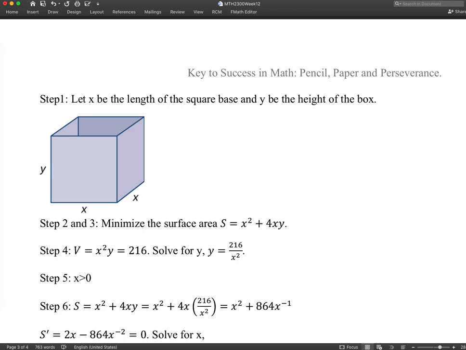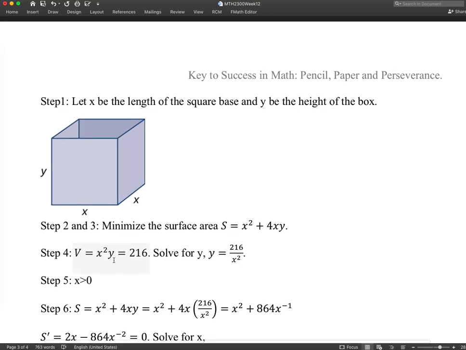So the volume is the area of the base times the height, which means x squared times y is 216. Solve for y from here: y is 216 over x squared.